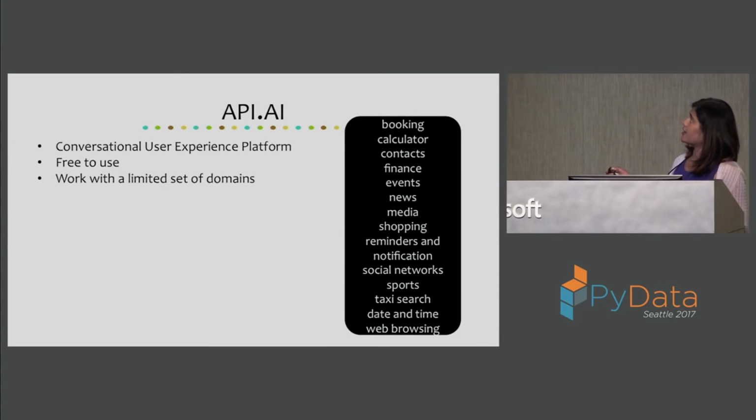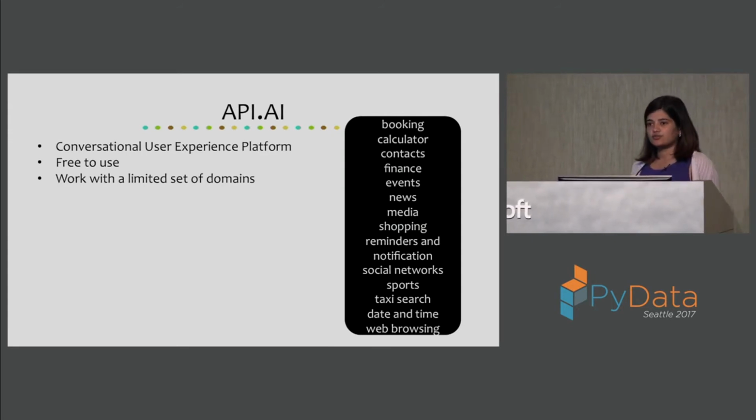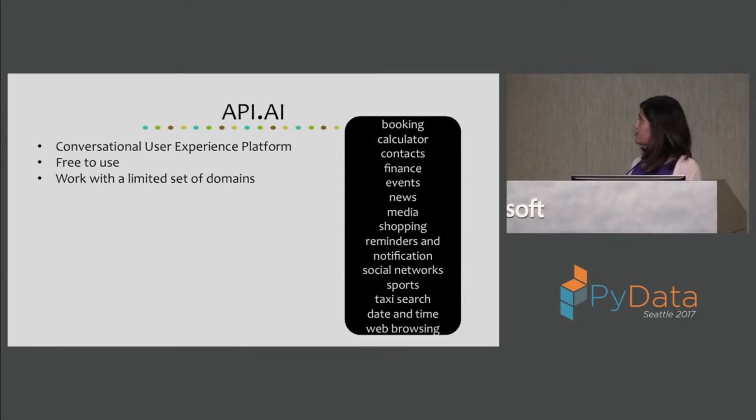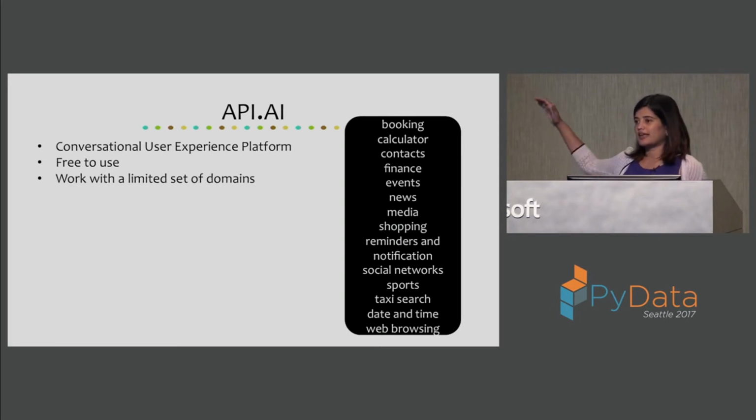So things like booking, calculators, contacts, it has enough data that it has trained on it that it can understand things that are referring to shopping and things that are referring to news and things that are referring to booking. So if you are building something which requires any one of these, there's no need for you to build from scratch. You can always use this API to handle the contacts part of your chatbot or your calculator part of your chatbot or several other things.